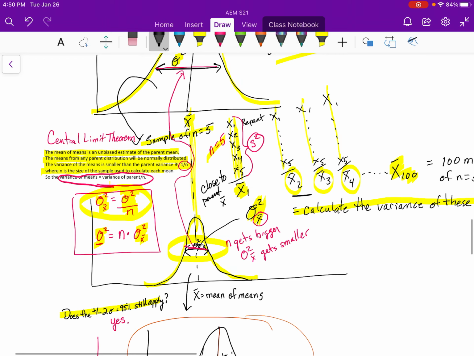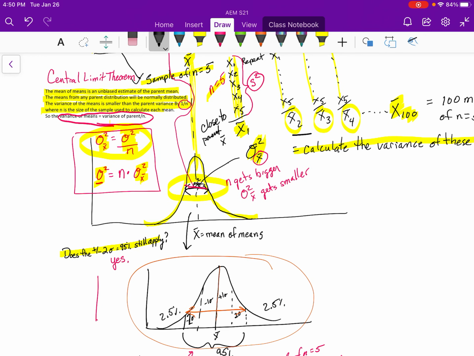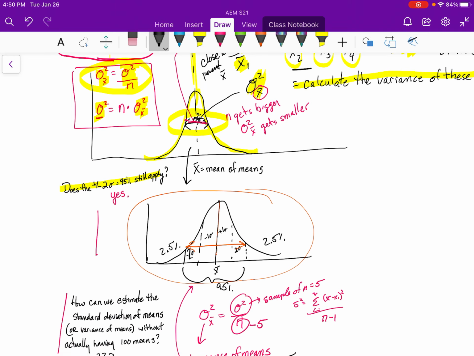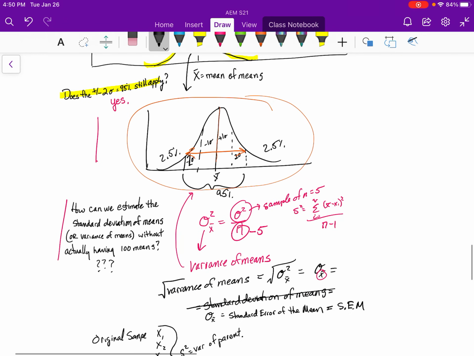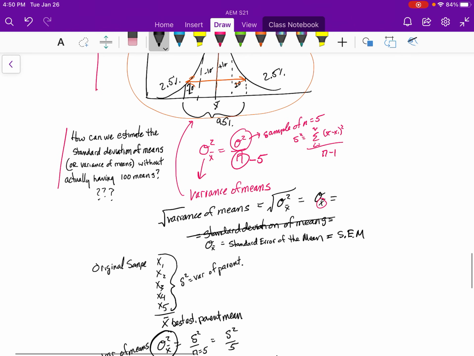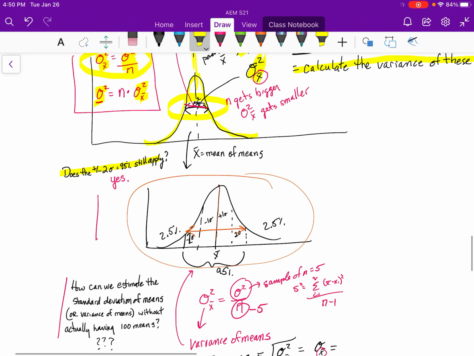We manufactured these means out of it by randomly sampling them all, and then we went back and we plotted those means as a histogram, and we know that the actual standard deviation of those means produces one standard deviation is 66%, 2 standard deviations of the mean is 95%, so we know that those conditions still hold for this distribution, but this is a distribution of means, and in the field we don't have that distribution of means, but we do have an estimate of the parent distribution variance, and we take that sample down here from our parent distribution, and we use this rule of the central limit theorem that I've written out up here for you.